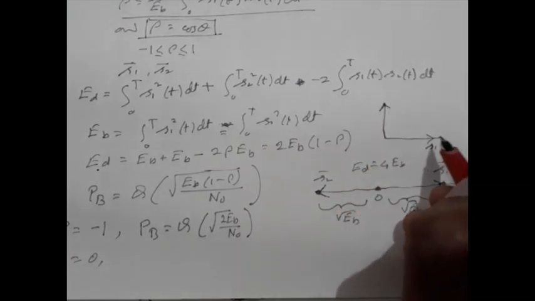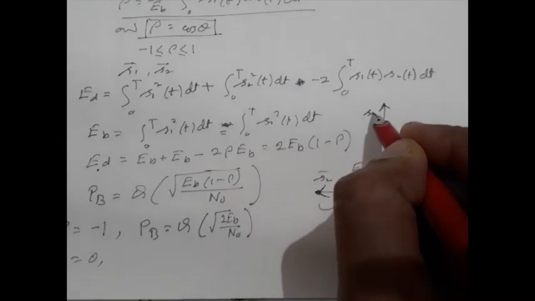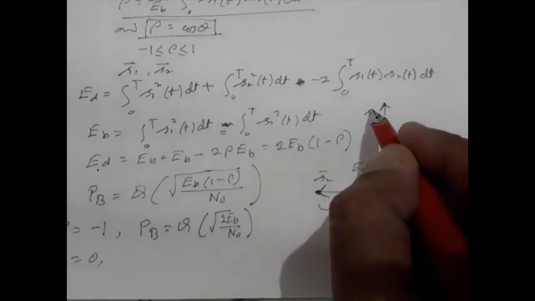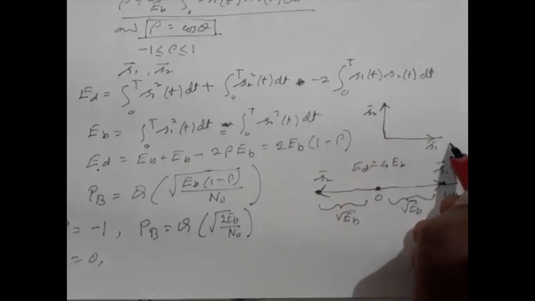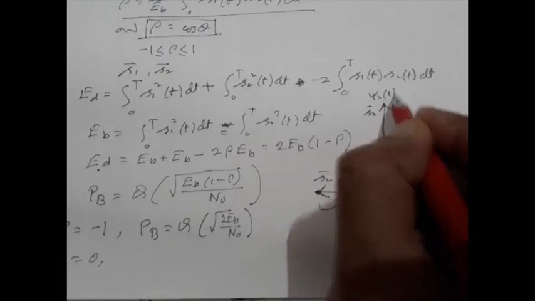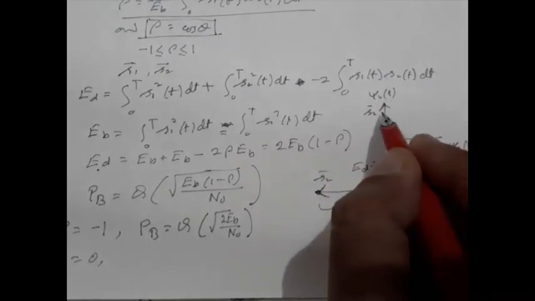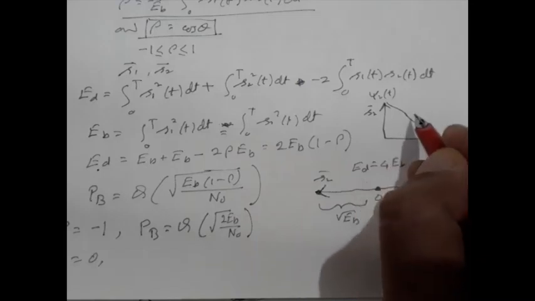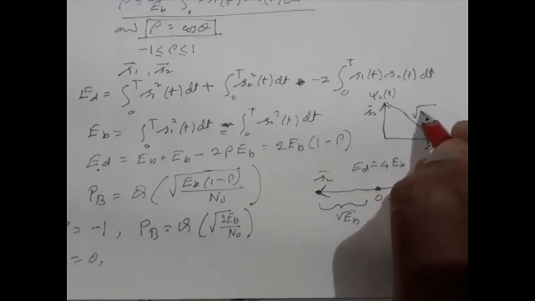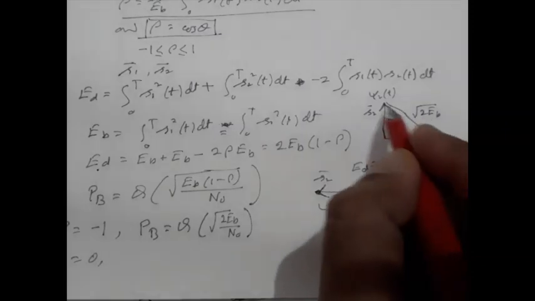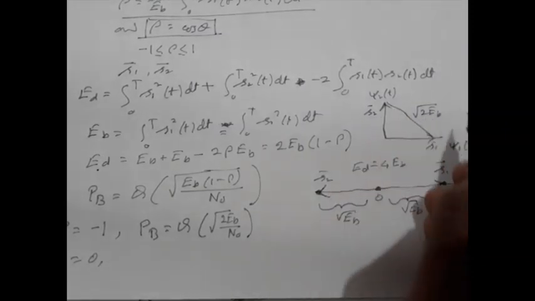Say S1 and S2 are two vectors, Psi1 is one basis and Psi2 is another basis signal, and the distance between them, the hypotenuse, is root over of 2EB.